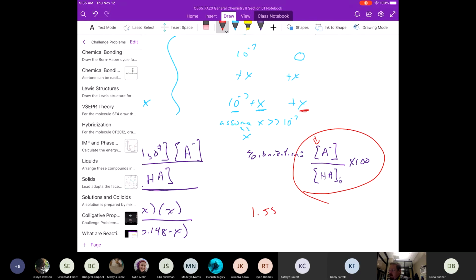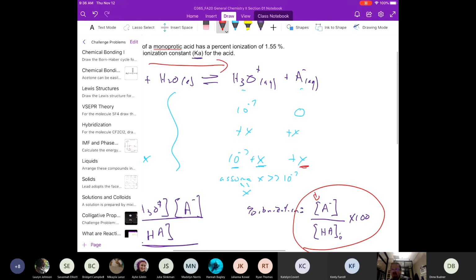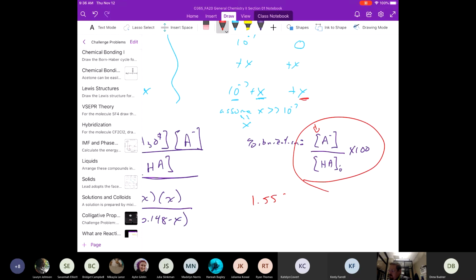So this 1.55, which was the percent ionization, is going to be equal to x over our initial concentration, 0.148, times 100. Because we have this, we can then solve for x.